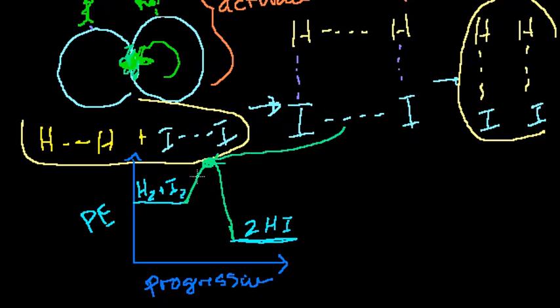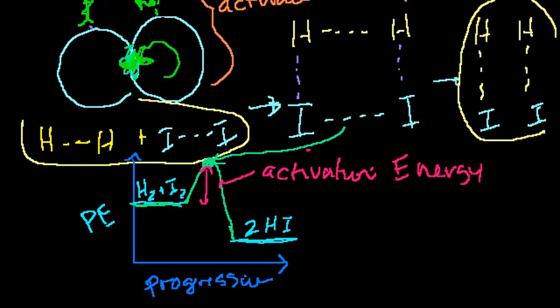Some energy has to be in the system, and the difference between the energy we're at when we were just hydrogen molecules and iodine molecules, and the energy we have to get to this activated state, this distance right here, this is the activation energy. If we're able to put enough energy in the system, then this thing will happen. They'll collide with enough energy, and bonds will be broken and reformed. Sometimes it's written as EA, energy of activation.